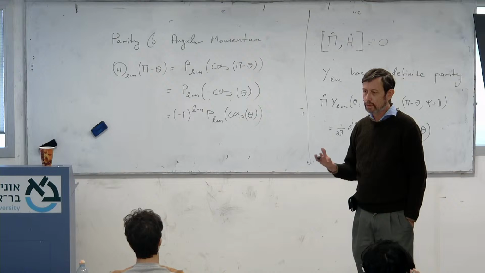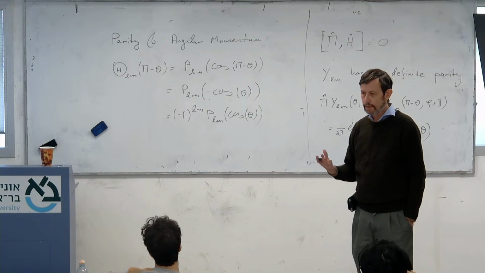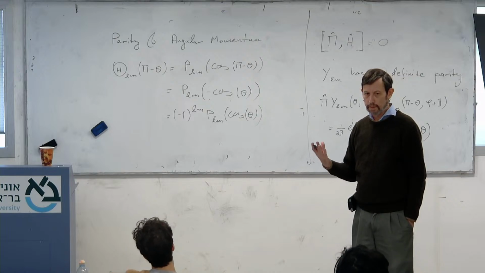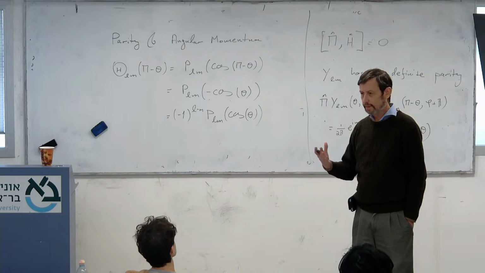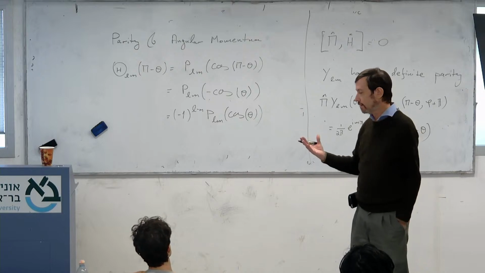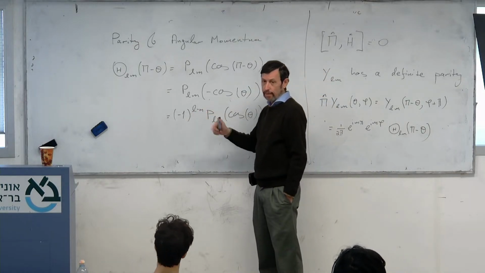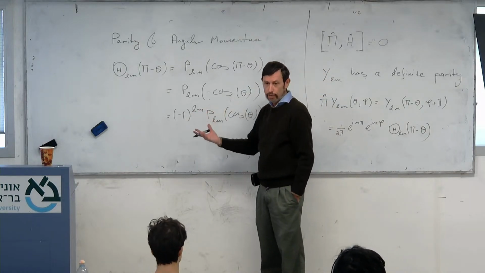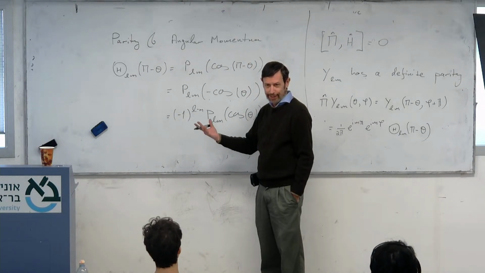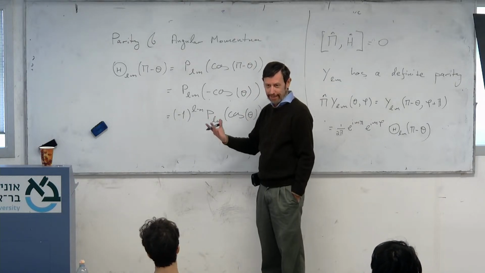Why is that? Because the only place that I have cosine theta is in the derivative L minus N. The other parts are sines. Sines don't care about exchanging pi minus theta.